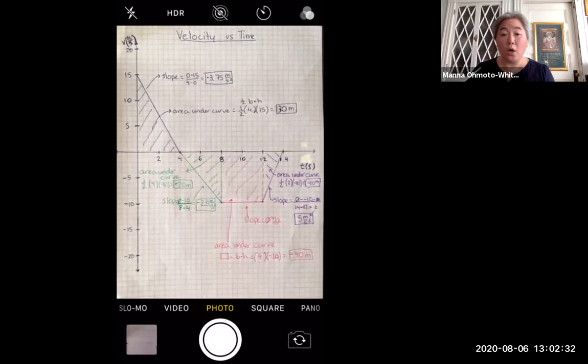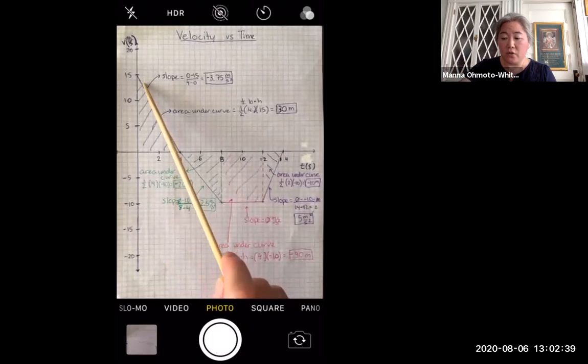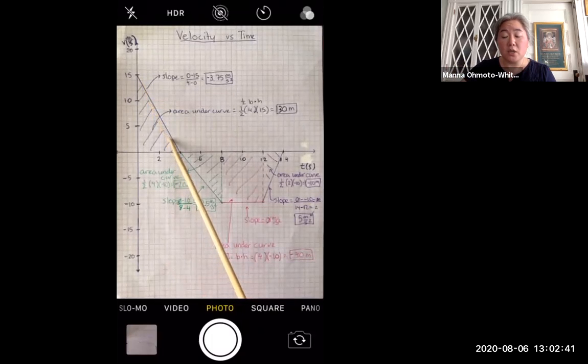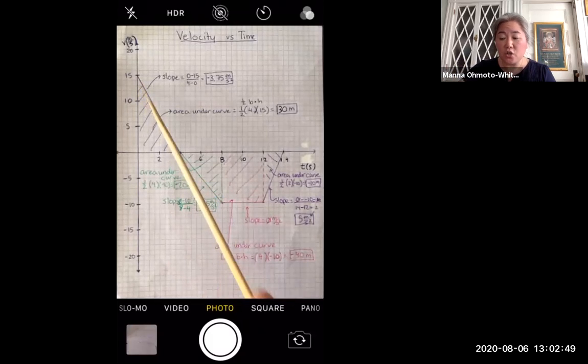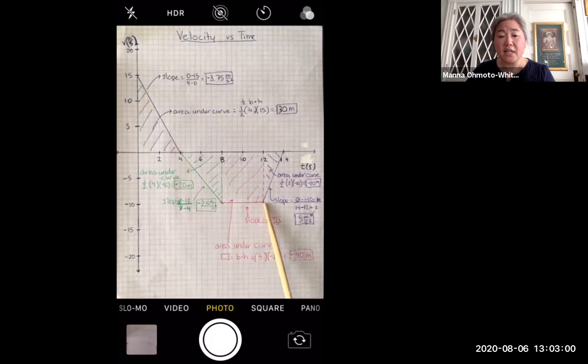So already, just qualitatively, I have an understanding of this object's story. For the first 4 seconds, this object is moving forward but slowing down, stops instantaneously, and then speeds up, moving backward. So it's changed direction because it's now moving from the first quadrant to the fourth quadrant. It speeds up for 4 seconds, and then for another 4 seconds, it maintains a constant velocity of negative 10 meters per second.